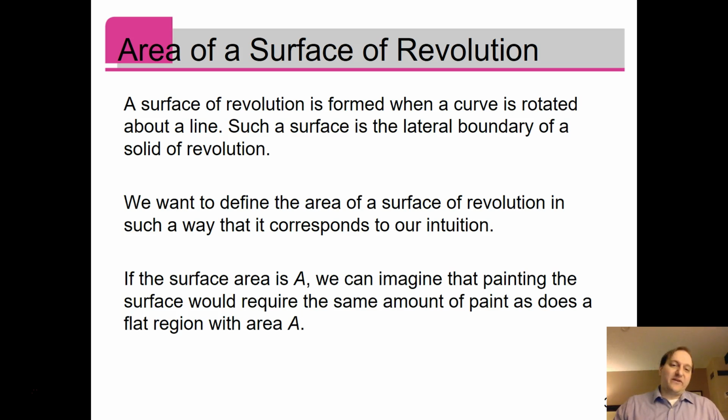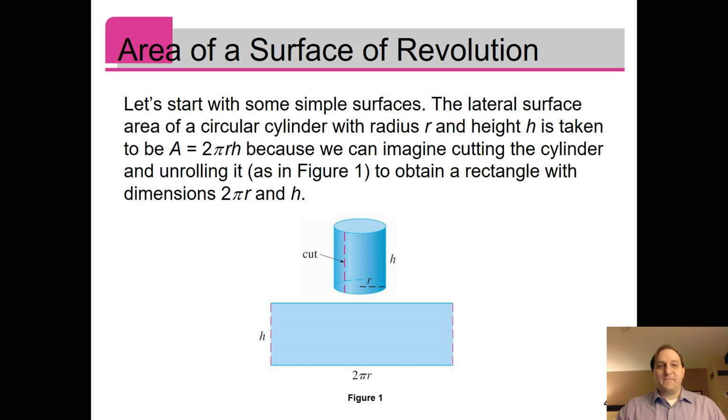If we have a flat region with area A, it takes a certain amount of paint. If we have a curved region and it takes the same amount of paint, we want it to have the same area. So we're going to start with some basic ideas, which are a cylinder and a cone. These will lead up to how we define our formula for surface of revolution.